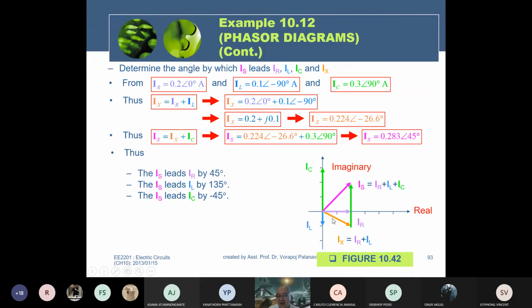IL is only at 90 degrees in this point. If you want to move to this IS vector, it requires 135 degrees. And the last one, for IC, IS is only at minus 45 degrees instead.